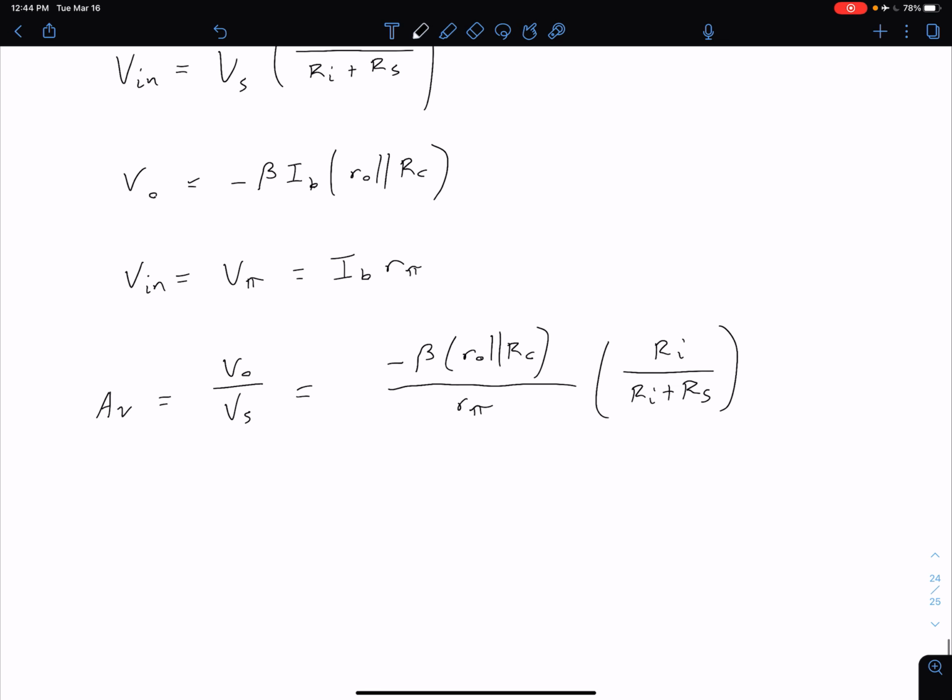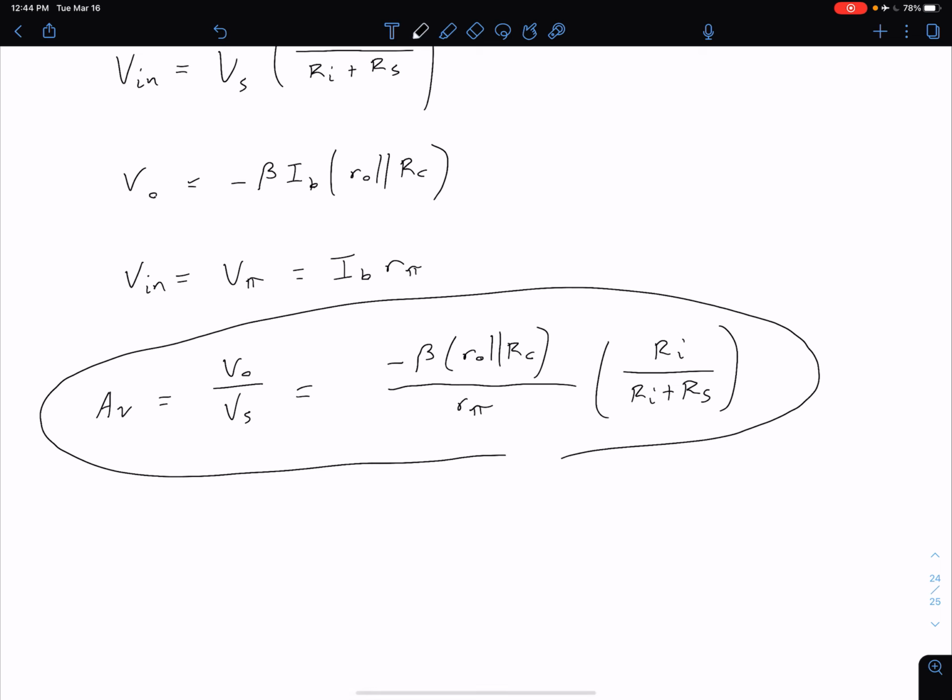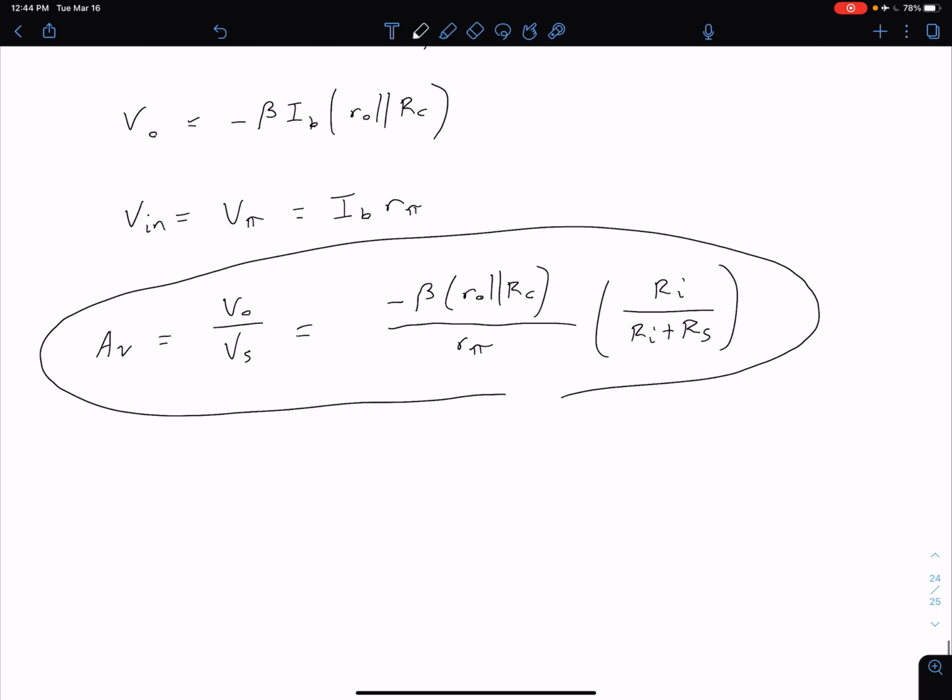So a couple of things that we can note about this is we see it has a relatively high dependence on some transistor parameters. So that would be a drawback or a con of this system. The drawback is a relatively high dependence on our transistor parameters.